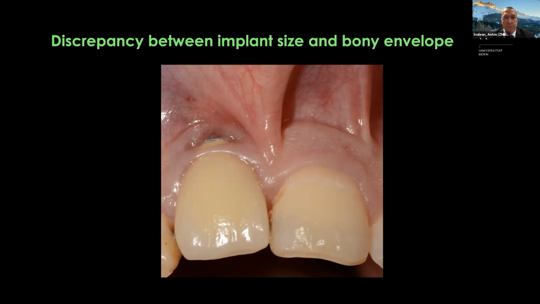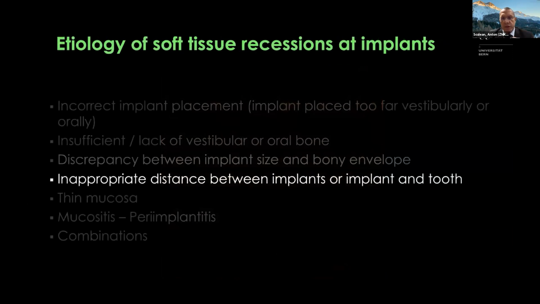It was a 4.1 millimeter implant placed in an area, in the aesthetic area, where the thickness was not sufficient. And over time, the bone, the available bone, the rest bone, resorbed, and you see this small hole over this implant. It is not a peri-implantitis, but this is an excellent entrance for bacteria.